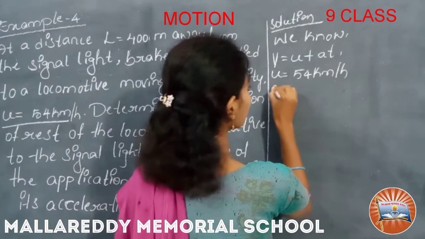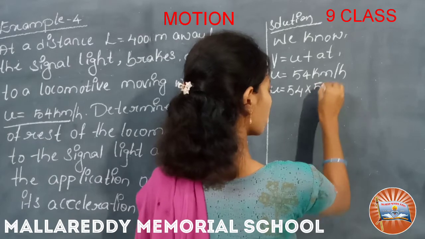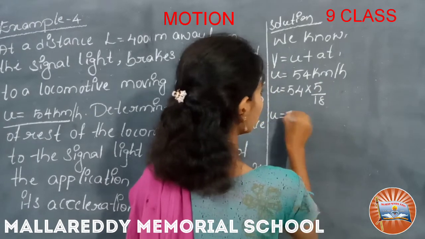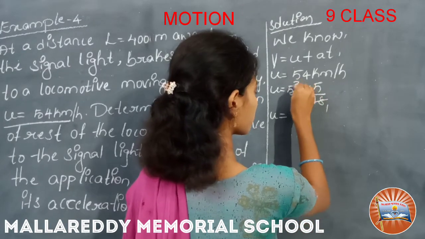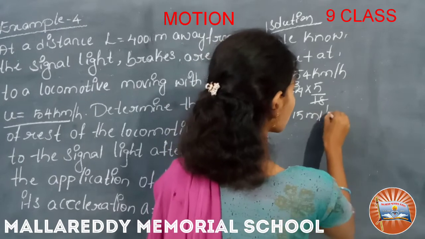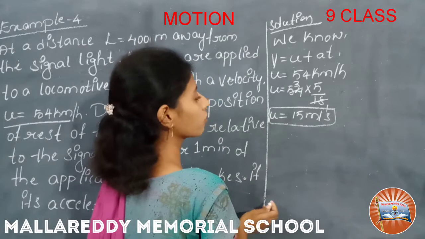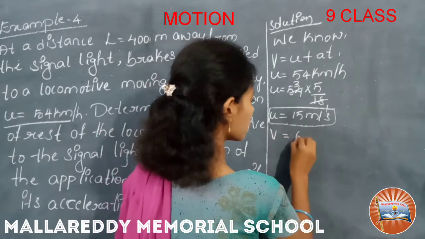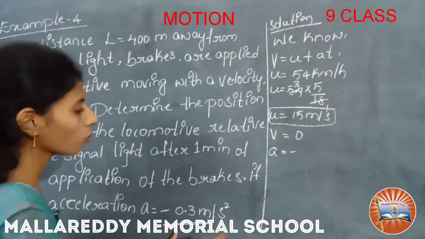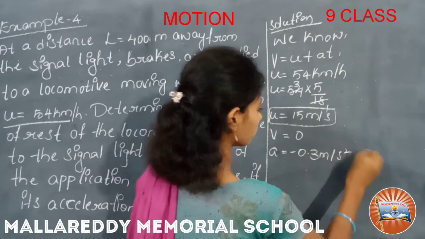So here we will get u equals 54 into 5 by 18. 18 ones are 18, 3s are 54, so 3 fives are 15 meter per second. So here you got u equals 15 meter per second, and v equals 0, and a is minus 0.3 meter per second square.